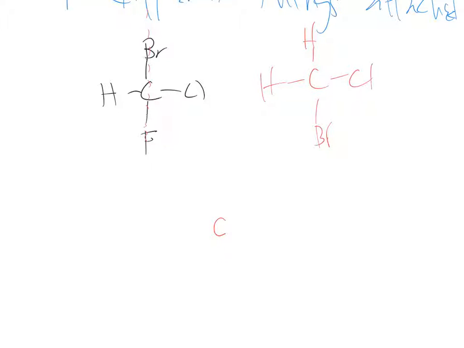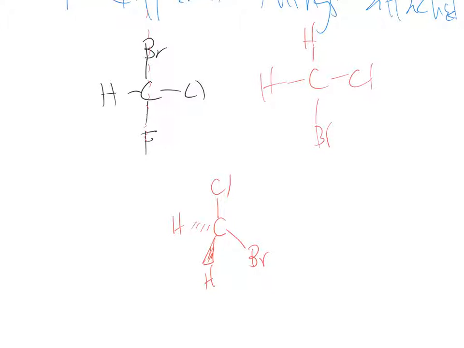We have a carbon with the chlorine and the bromine, and they're in the plane of the board here. Then we have a hydrogen going away from us and a hydrogen coming towards us.